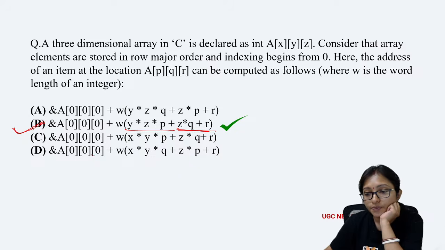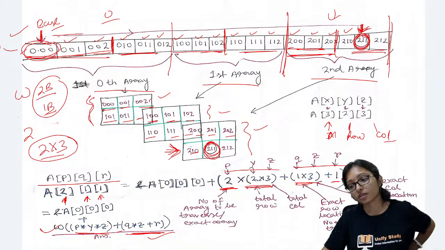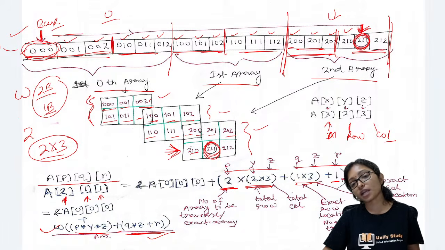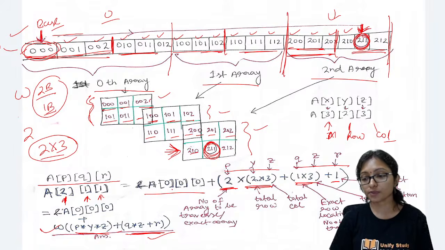The lower bound will start from 0. Yes, always. Array always starts with 0. Definitely. Base is 0, right? Always base is what? 0. That's why base will start with 0.